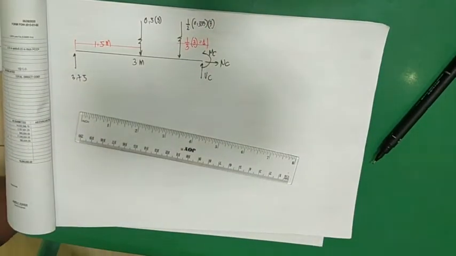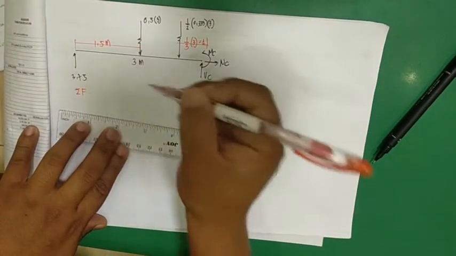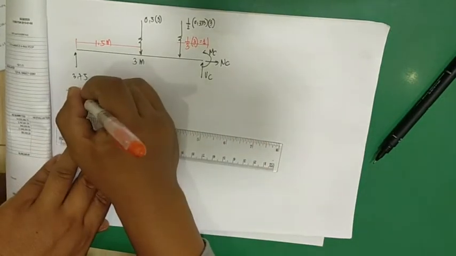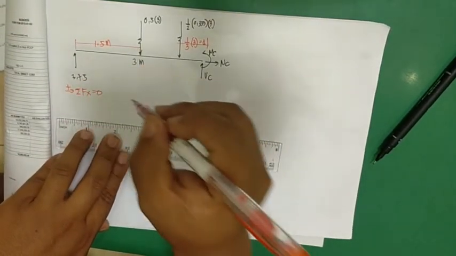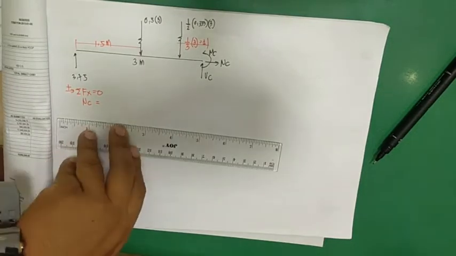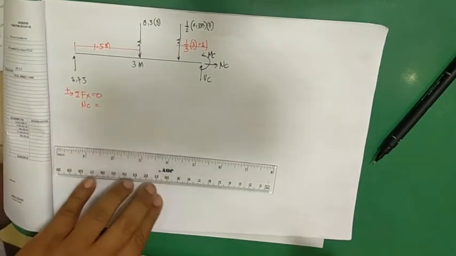Okay. So you can now use summation of forces along x is 0, positive. At C, is there any reaction along x? So it's 0.